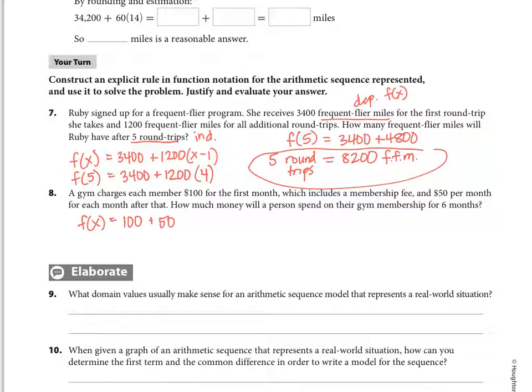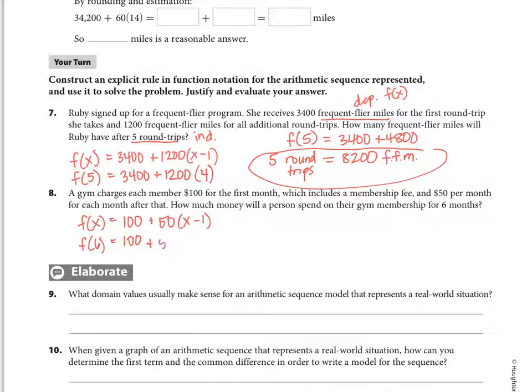So a difference here you could see is that they're actually telling us the common difference, whereas before we had to find it. They don't tell us that right away. So 100 plus 50 times x minus 1. And then after 6 months means I'm going to change my input to 6.